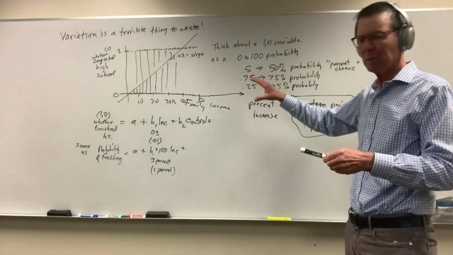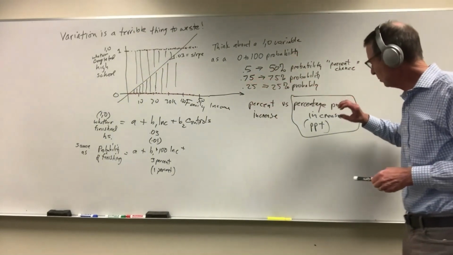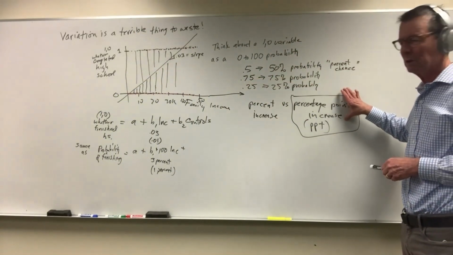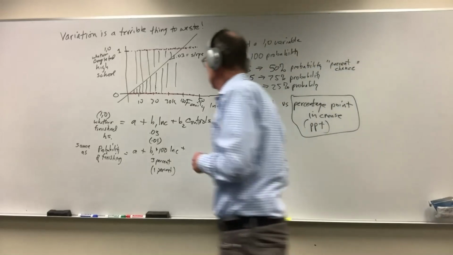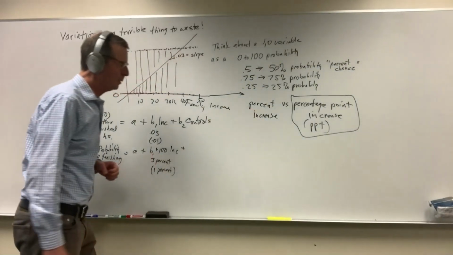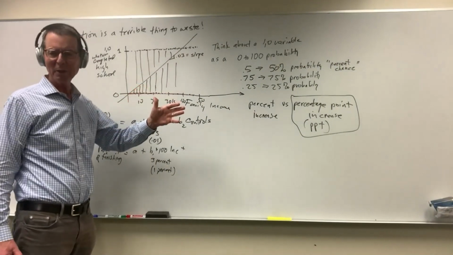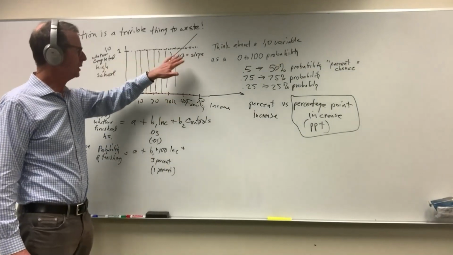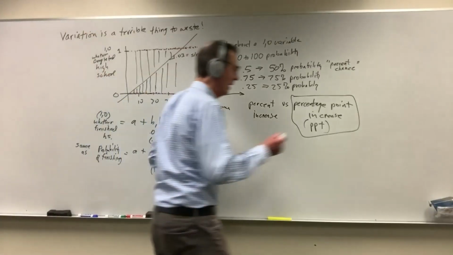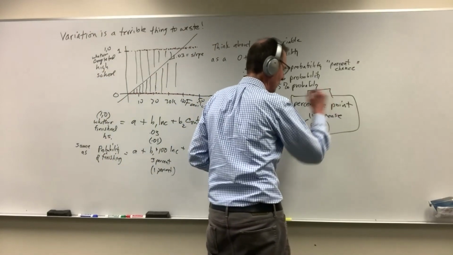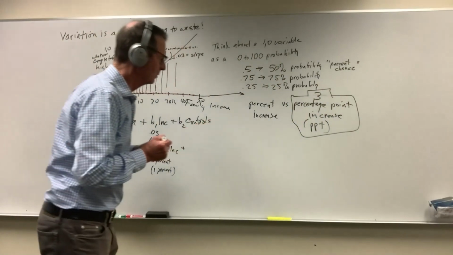But if you're talking about these probabilities, you're almost always talking about percentage point increases. So that's good to note. People make this mistake all the time. And now you can correct them when they do. But what comes out of a regression is going to be a number like 0.03. And that, in this case, is a 3 percentage point increase.